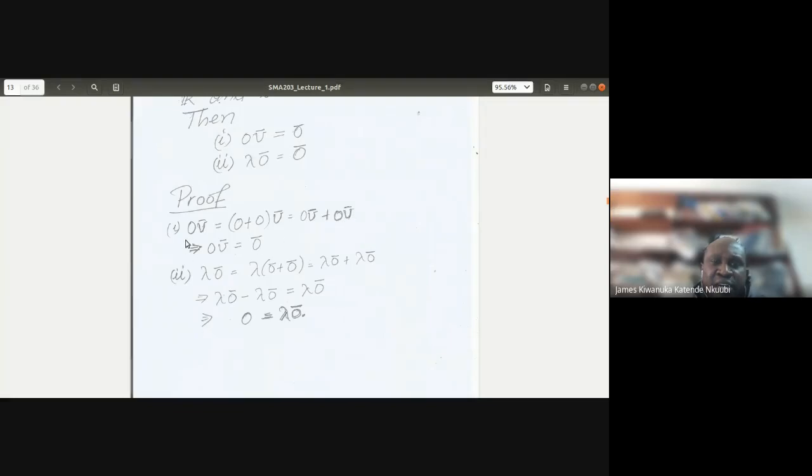And that means we have a situation where 0v is a sum of itself plus another vector. So one of them must be 0. And that forces 0 by v to be equal to 0.